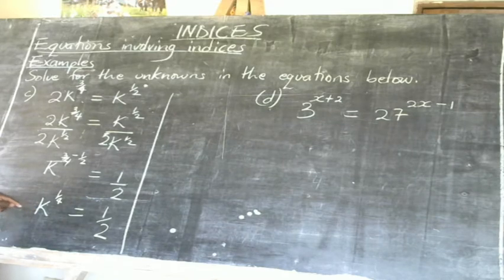So now to kill the index a quarter on k, I'm going to multiply the powers of the bases by 4 such that the 4 can cancel out with the a quarter.